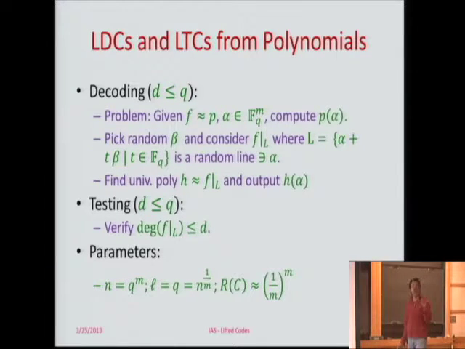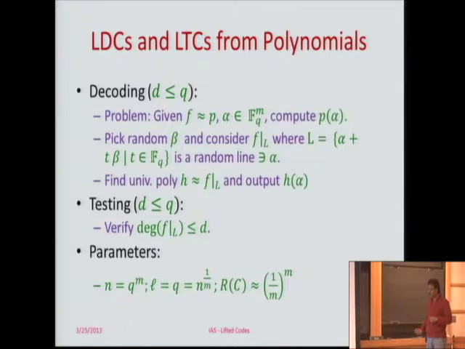Think of m as a large constant, and this is the regime that we are mostly interested in today. That's significantly sublinear in the length of the input, so assuming we can analyze this decoder and the tester, this is a sublinear algorithm for testing and correcting.